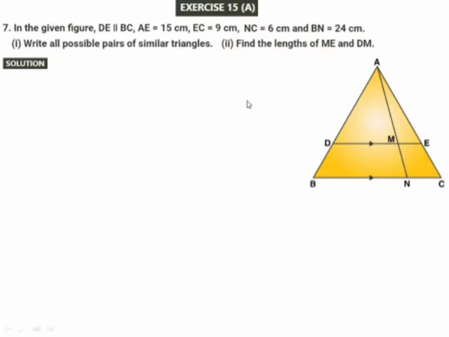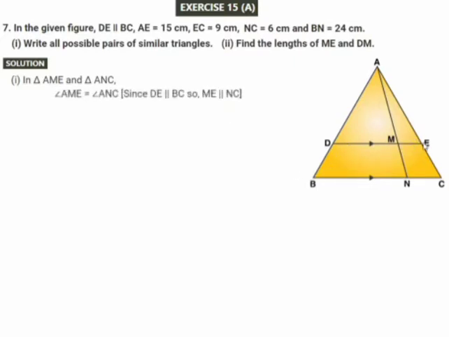Now let's see the first part. Let's observe triangle AME and ANC. AME means this triangle, ANC means this particular triangle. If you observe this, can I say that this and this are parallel? Obviously they are parallel, right?